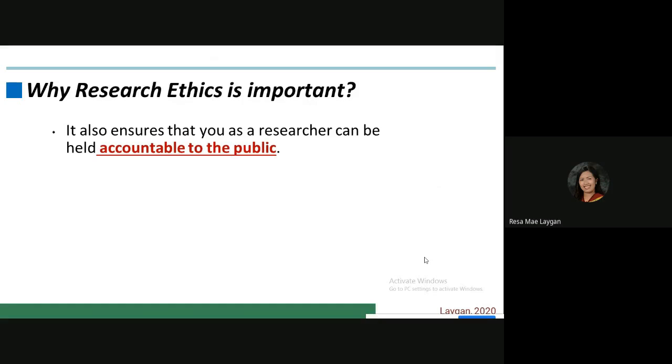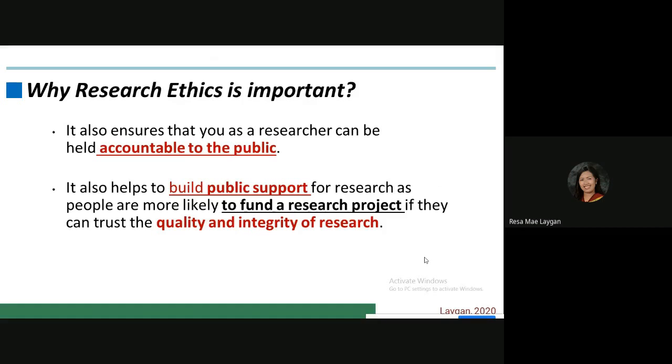As a researcher, because you deal with social problems, you make that problem your basis in doing the research, and from that research you are going to create a solution to that problem. That is how you are held accountable to the public.